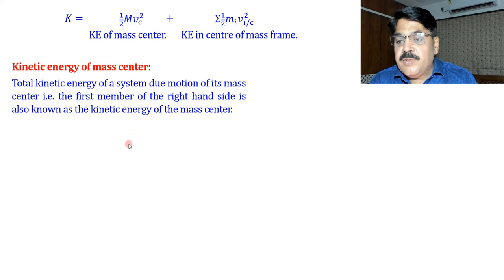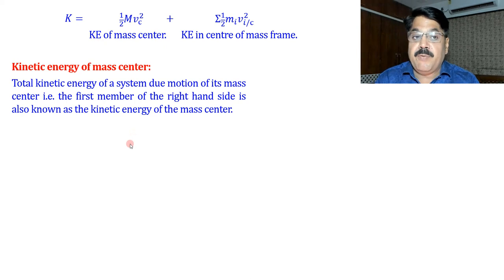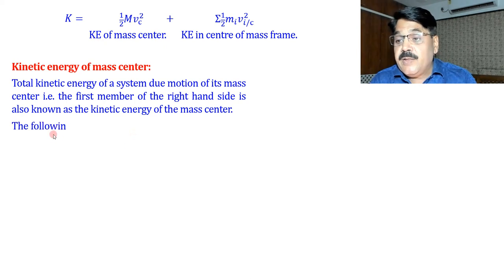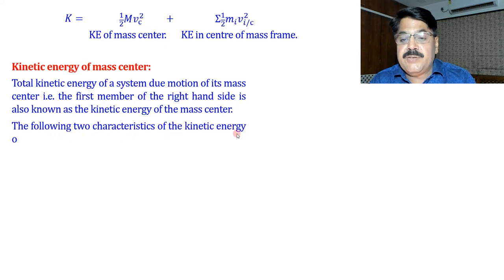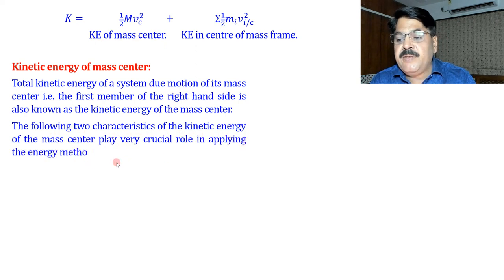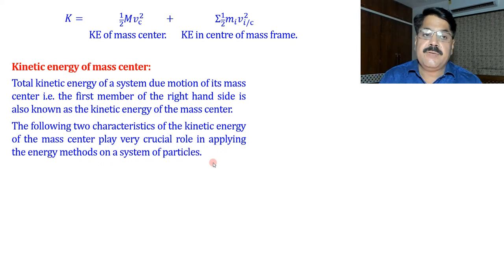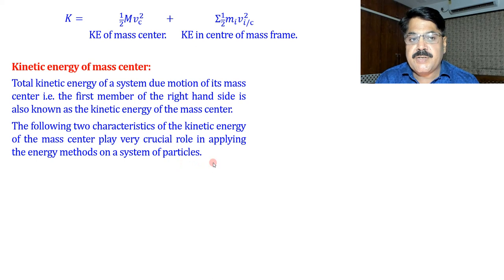Now this has two very important properties. What they are, let us discuss. The following two characteristics of the kinetic energy of the mass center play a very crucial role in applying the energy method on a system of particles. You can think that the velocity of the mass center will only change when there are external forces, or we can say only external forces can change Vc.